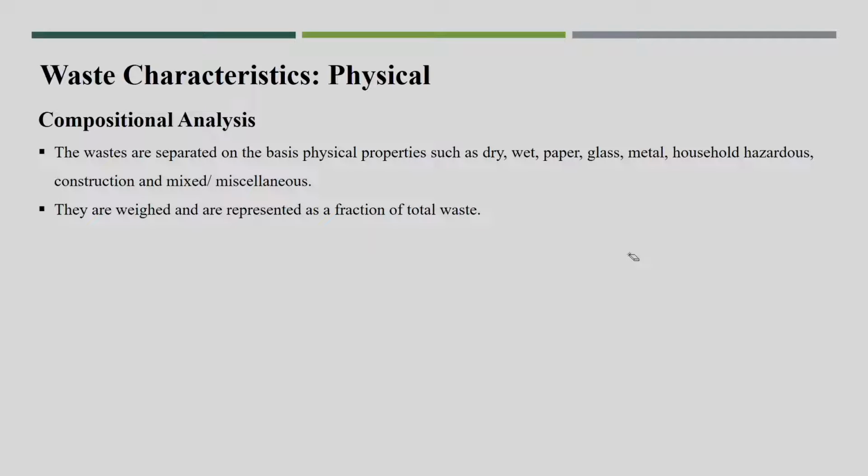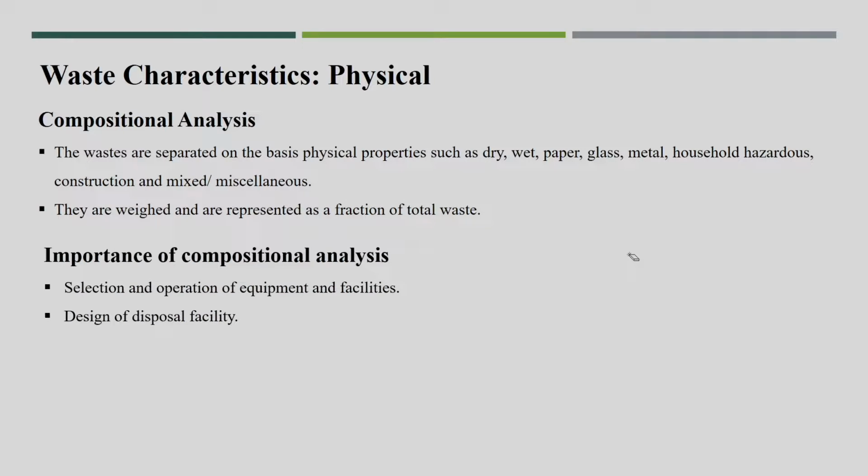We know that waste has different physical components, such as dry and wet waste, and how much paper, plastic or other kinds of waste is available. We normally do this composition analysis manually, weighing it and expressing it as fractions of the total waste. This is very important for the selection and operation of equipment, facilities and disposal facilities.